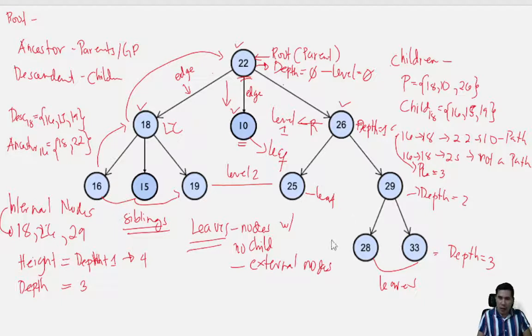You have here the last level, which, if you start with 0, is level 3. So it depends on you. Other books start at 1: level 1, level 2, level 4. If that's the case, the level is 4 for this tree.